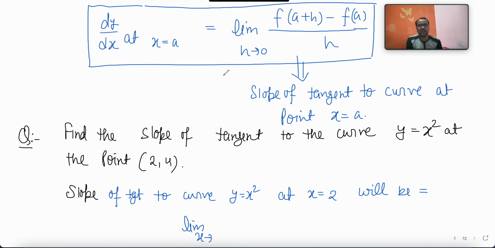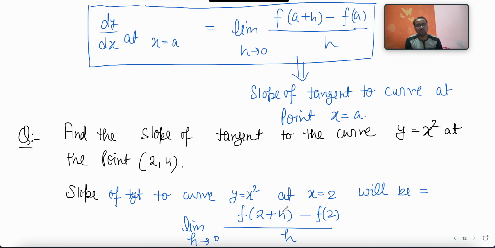So this limit will be modified as, let me correct this, limit h tends to 0, f of a plus h, so in place of a it is 2, so f of 2 plus h minus f of a, f of a means f of 2, upon h. Clear this thing? So that's the slope of the tangent at the point x equal to 2 to the curve y equal to x square.